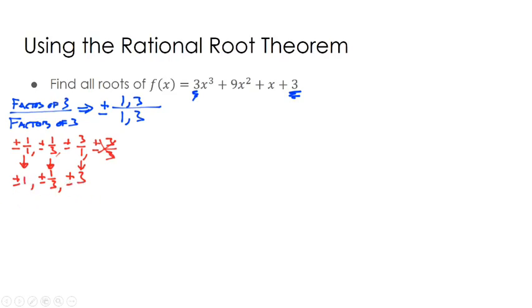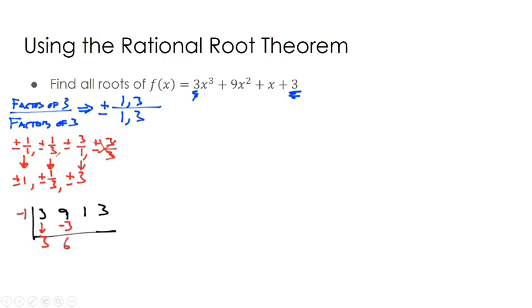And so what I'm going to do is just jump into it. If I come down here, I'm going to write down all of my coefficients. So it looks like we have 3, 9. We have an invisible 1 right there as a coefficient to the x. And then a 3. Let's start with negative 1. So if I start with negative 1, here we go. 3 times negative 1 is negative 3.